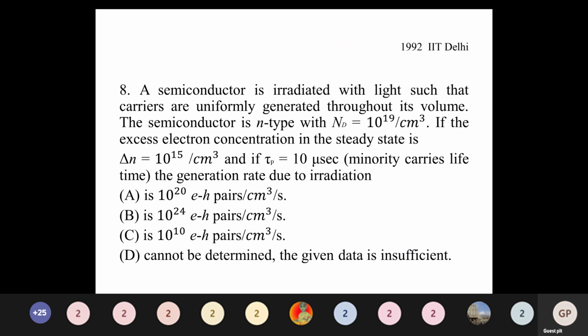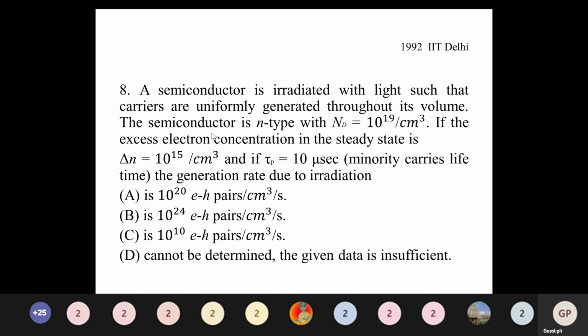The next question: a semiconductor is irradiated with light such that carriers are uniformly generated throughout its volume. The semiconductor is N-type with donor concentration Nd equal to 10 to the power 19 per centimeter cube.